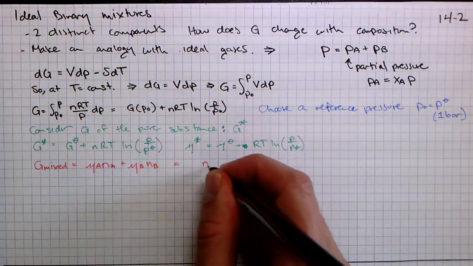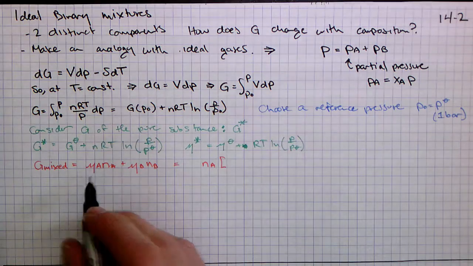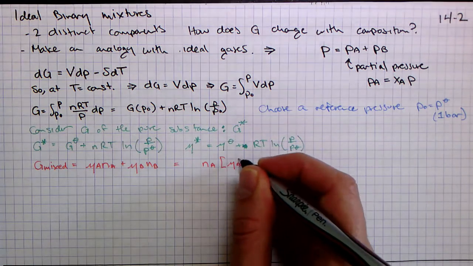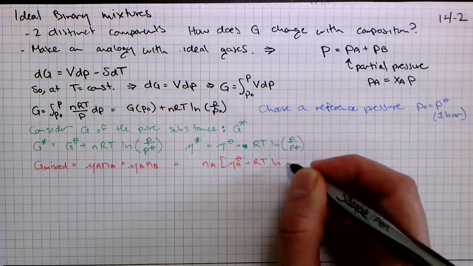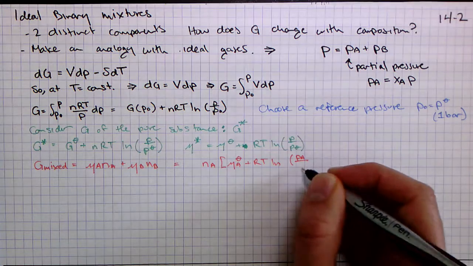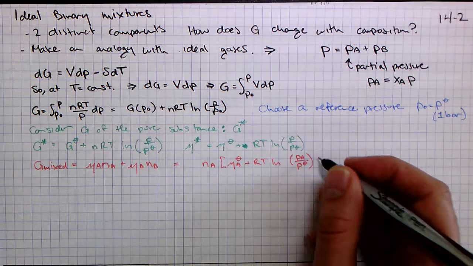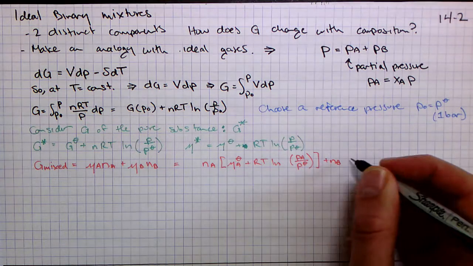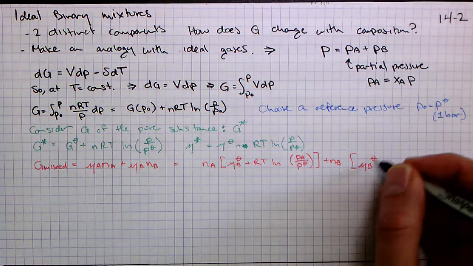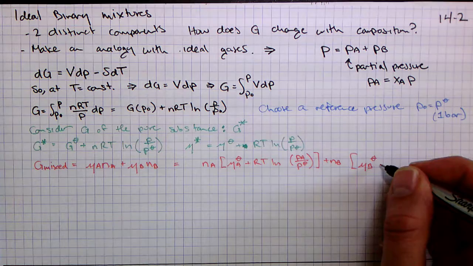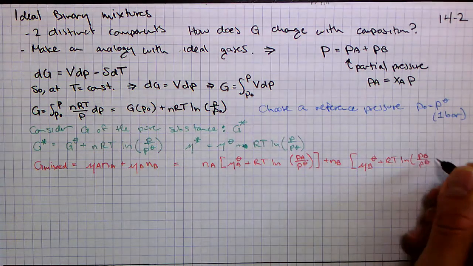And so we can write that as Na times the chemical potential of A, which is just mu A in the reference configuration plus RT times the natural log of the partial pressure of A divided by the reference pressure. And then we're going to get a contribution from Nb times the chemical potential of B, which will just be the reference chemical potential plus RT natural log PB over P theta.